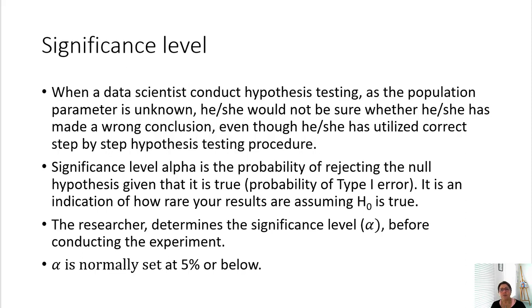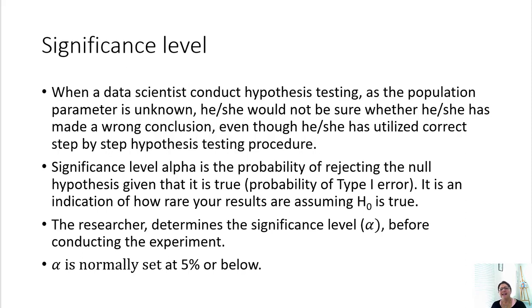That is the probability of type 1 error, we call it. And it is an indication of how rare your results are, assuming the null hypothesis is true. Okay, so the researcher determines the significance level alpha before conducting the experiment, and alpha is normally 5%.